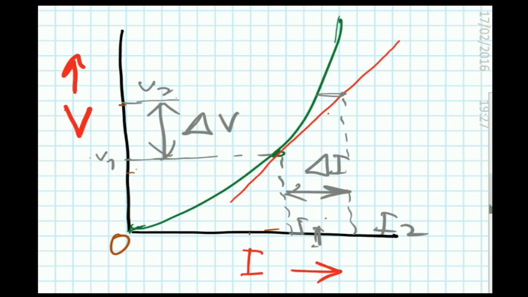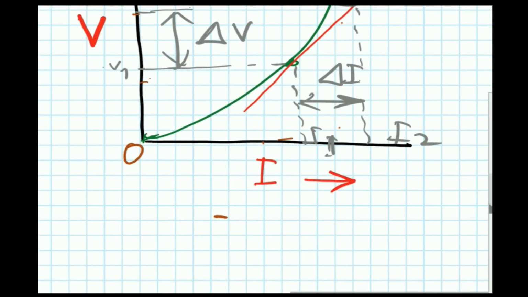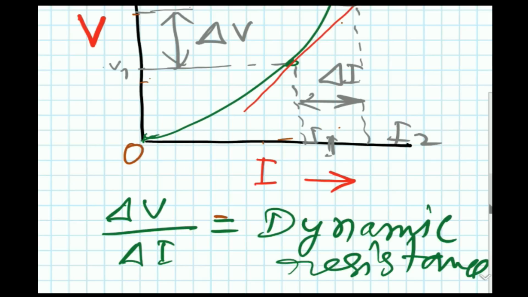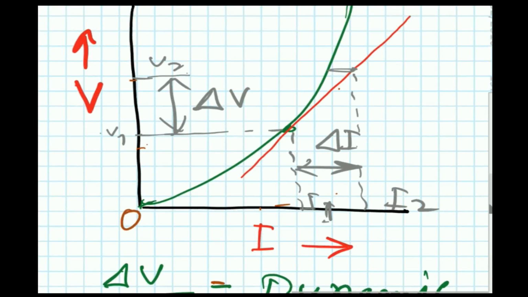So to find the slope of this tangent, we can do like this: del V by del I is the slope of the tangent, and this is called the dynamic resistance. Dynamic resistance. Why am I saying dynamic resistance? Because the resistance is not constant.